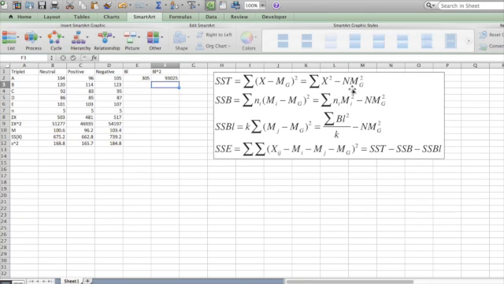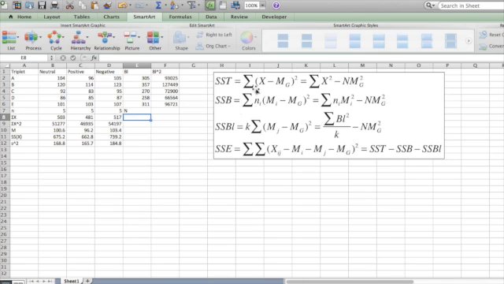Now I'm doing this because in computing sum of squares blocks, you can see that I need that term. So here we go. I just auto-filled from there, and now I have the block totals and then the squared block totals.